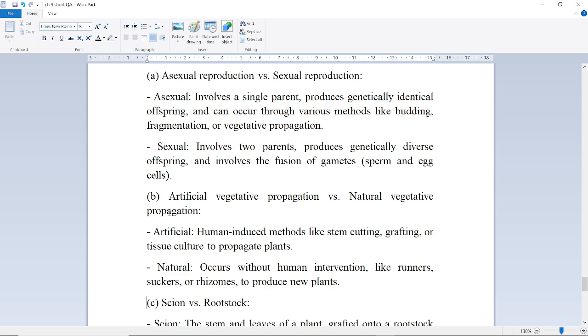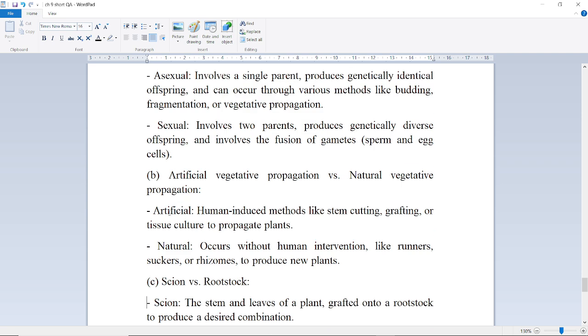First one is artificial vegetative propagation: human-induced methods like stem cutting, grafting, or tissue culture to propagate plants. Natural vegetative propagation occurs without human intervention, like runners, suckers, or rhizomes, to produce new plants.